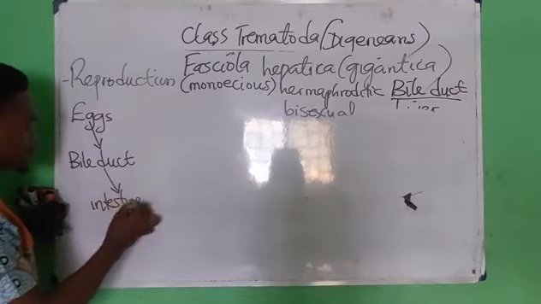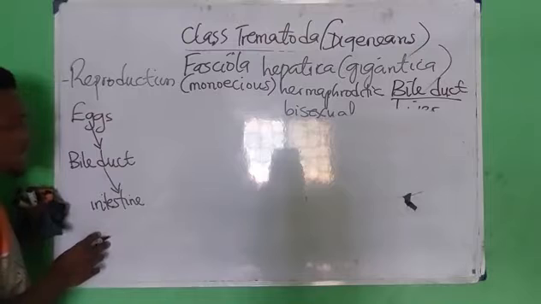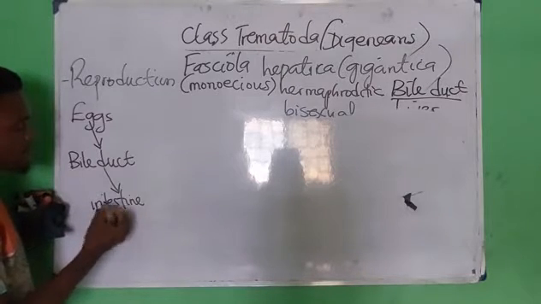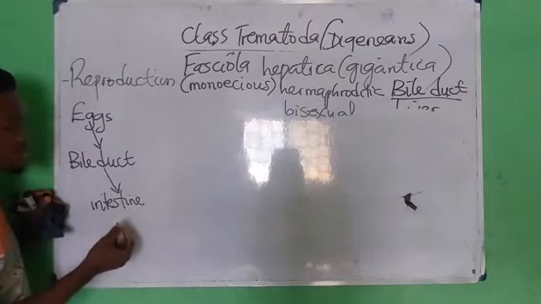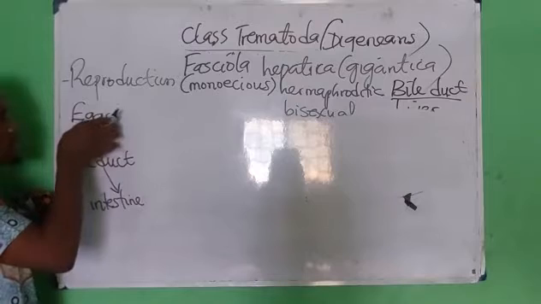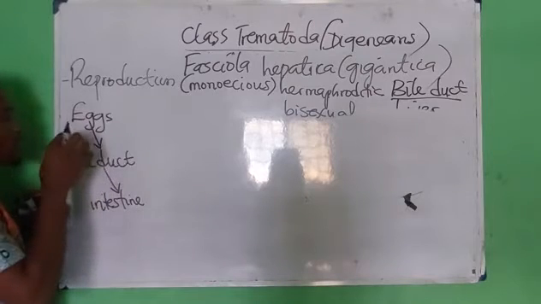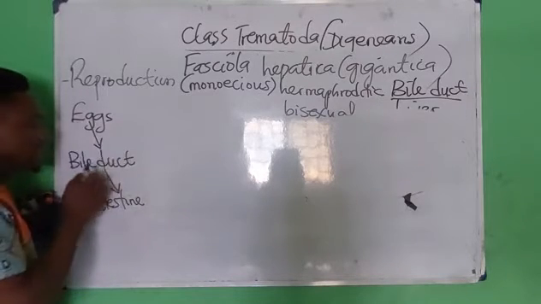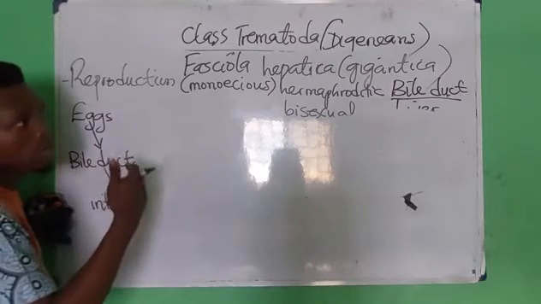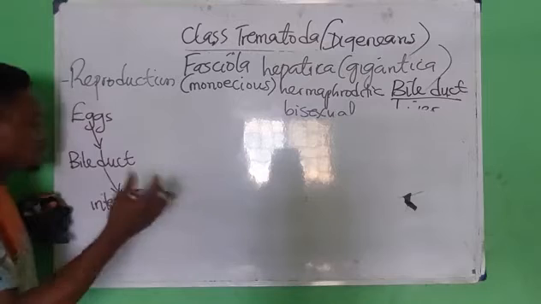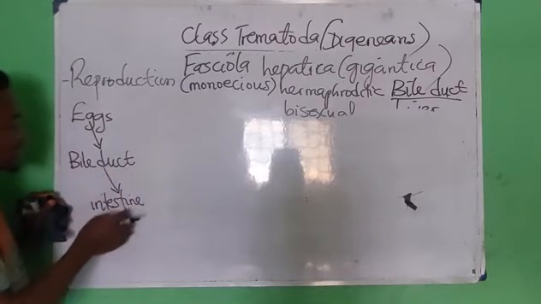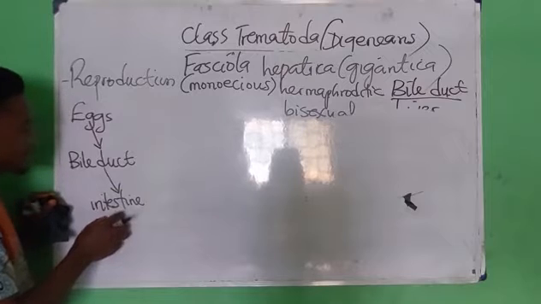I've given us the examples of both the primary and secondary host. It enters the bile ducts, and from the bile ducts, it enters into the intestine.